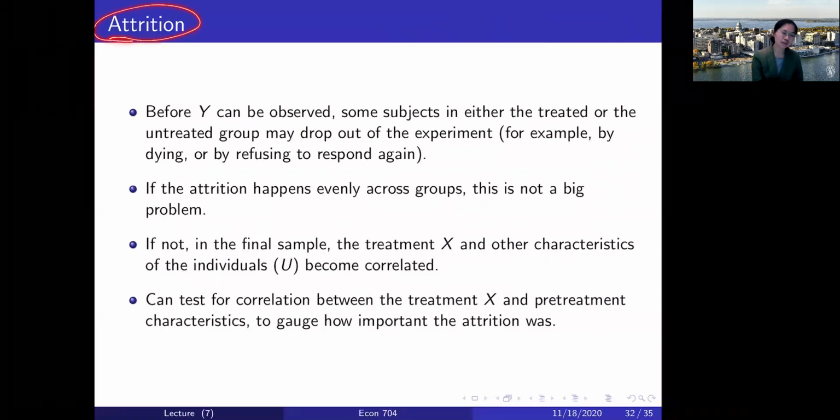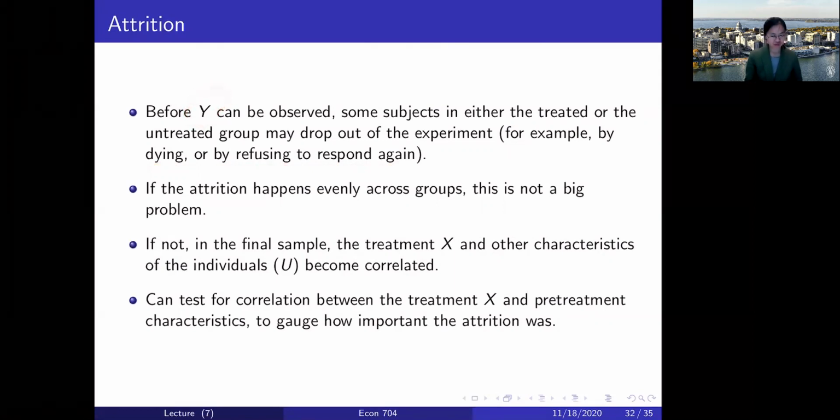Attrition is the second threat to the internal validity of RCT. So what's attrition? Attrition means people drop out of the experiment by dying or by refusing to respond again before their outcome can be recorded.